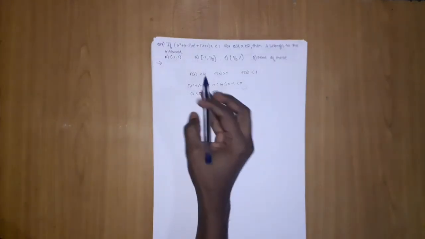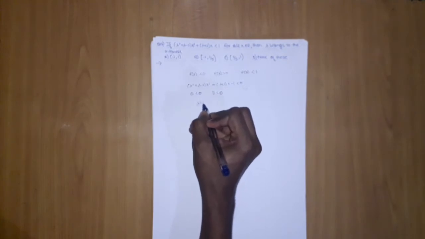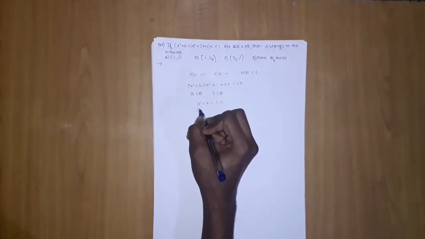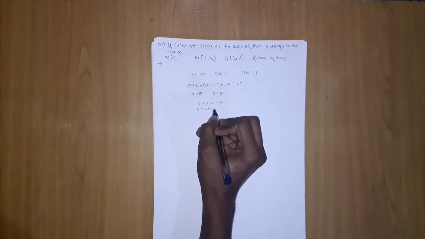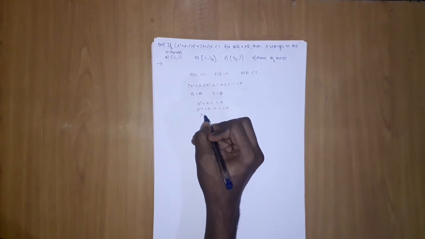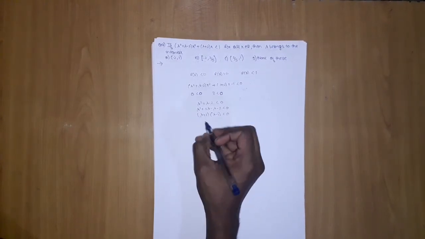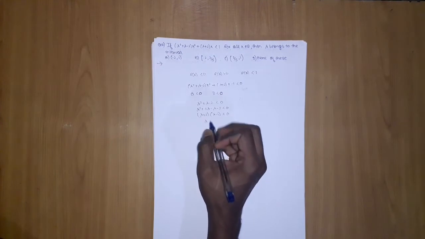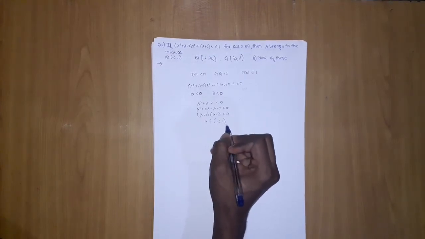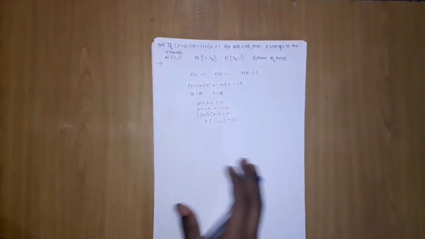So lambda square plus lambda minus 2 should be less than 0. So we get lambda plus 2 into lambda minus 1 should be less than 0. So lambda belongs to minus 2 to 1.